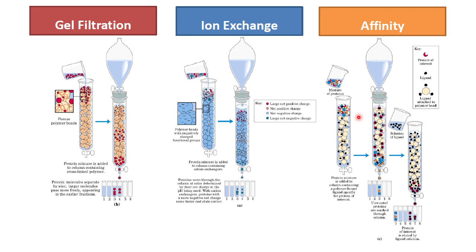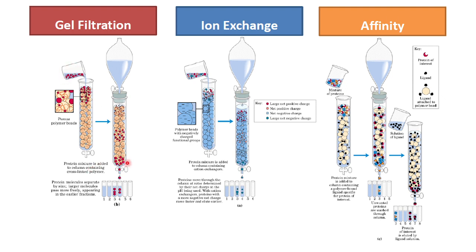Okay. So among these column chromatography techniques, we have the gel filtration technique, ion exchange chromatography, and affinity chromatography. In gel filtration chromatography, there are porous polymer beads of different sizes, and you pour your protein sample in.